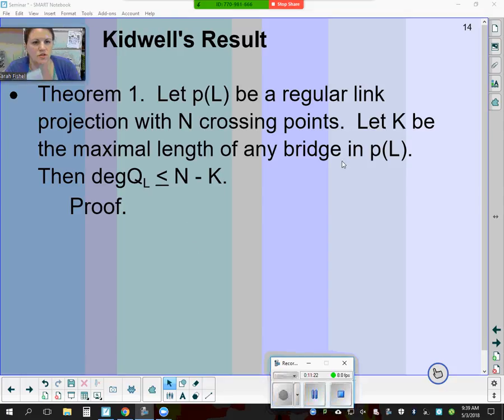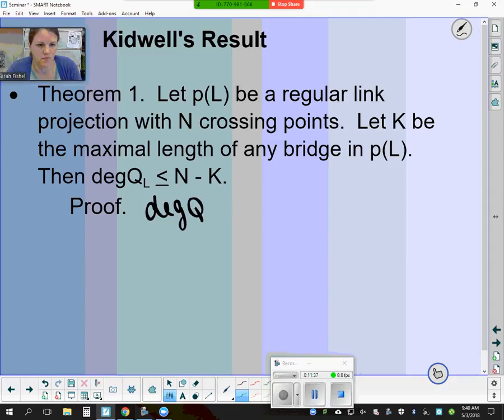Okay, so assume we have a counterexample. It has a maximal length of any of the bridges, and we also are dealing with the smallest possible number of crossings. Then, because it's a counterexample, we would be saying that the degree of Q of L must be greater than n minus k. And then we're going to prove that there is no such example.